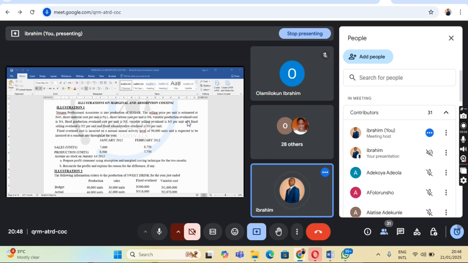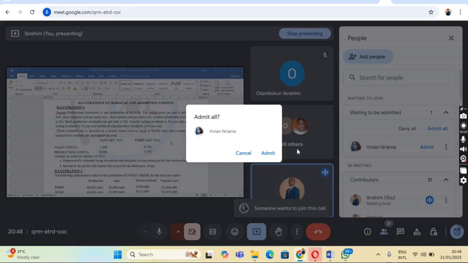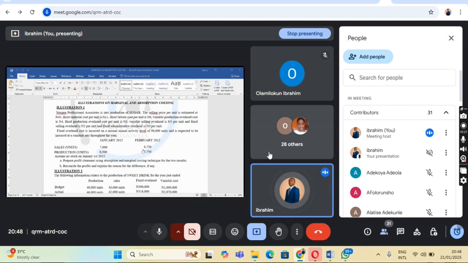The fixed production overhead cost per unit is 3 naira per unit, so each unit will cost 3 naira. Another thing is variable selling overhead, which is 5 naira per unit.